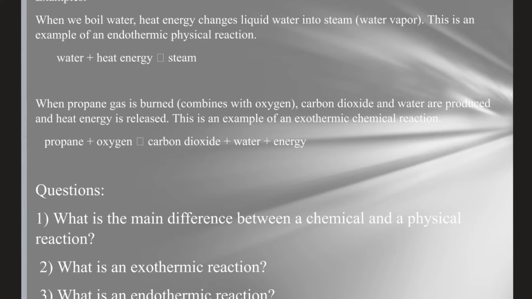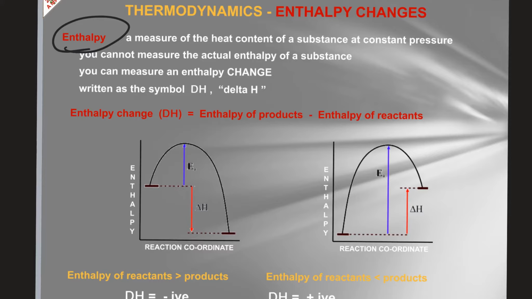When it comes to chemical reactions, all chemicals typically have some amount of energy within them, and that energy we call enthalpy. When we talk about the enthalpy of a substance, we're talking about how much energy is within that substance.